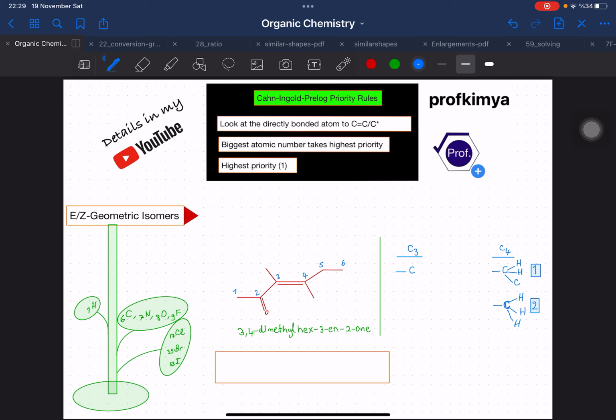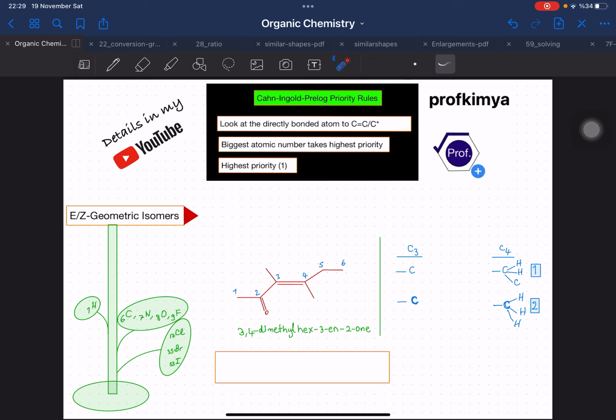So both groups contain carbon atoms. So there is also a tie here, which you cannot decide which group has a priority. So I have to look at the next atoms.